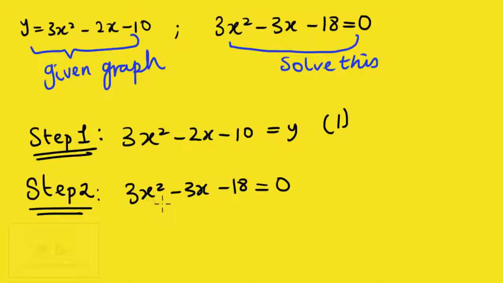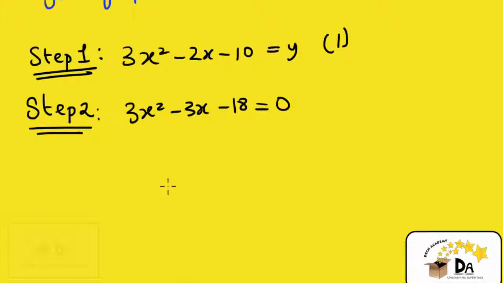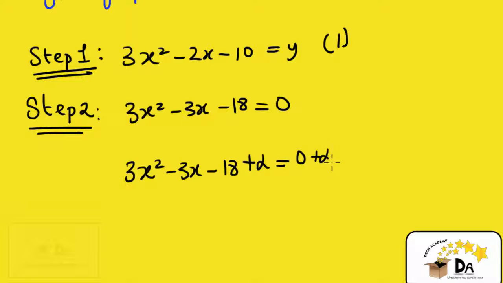Well, there must be something I can add to the left hand side of this equation which will give this right hand side here. But I must also do the same thing. If I add something to this left hand side, I must also add something to the right hand side. So this gives me 0 plus alpha. So I need to now find out what this alpha is, because when I add this alpha to this left hand side, and obviously to the right hand side, I get what I'm looking for in step 2.